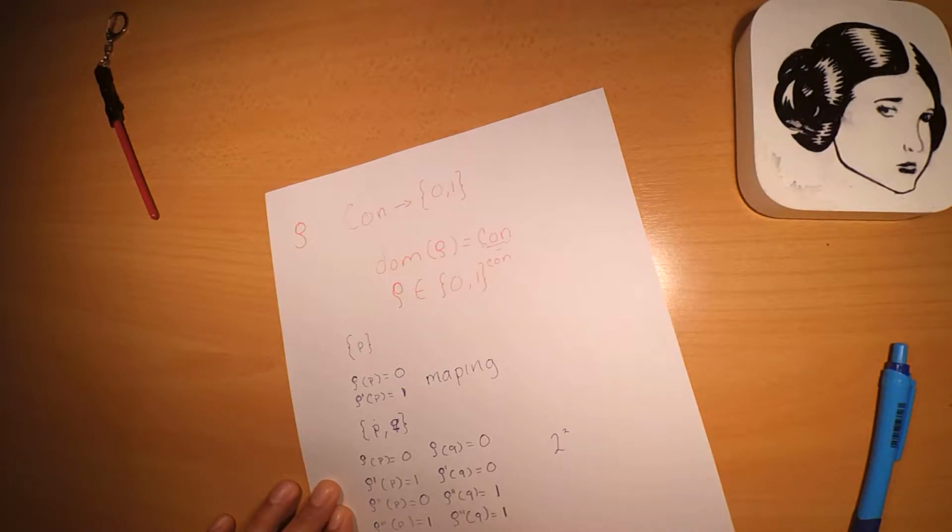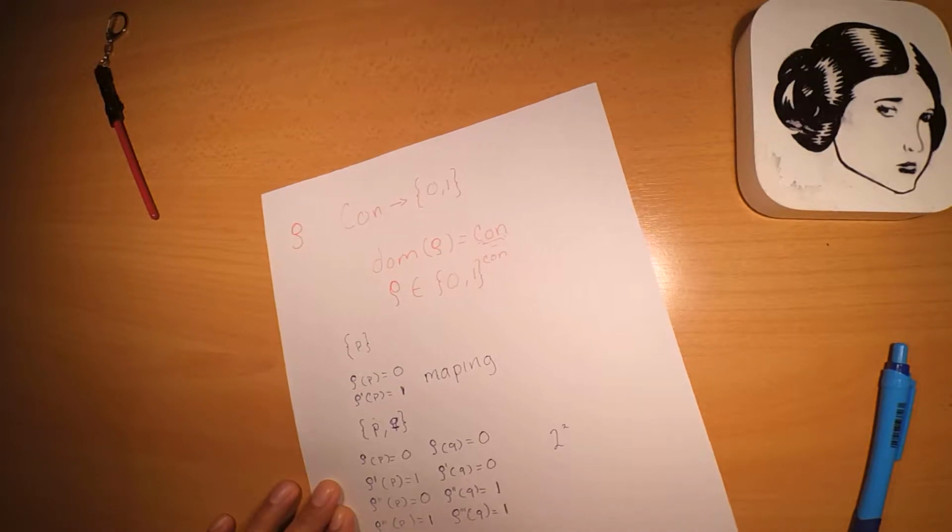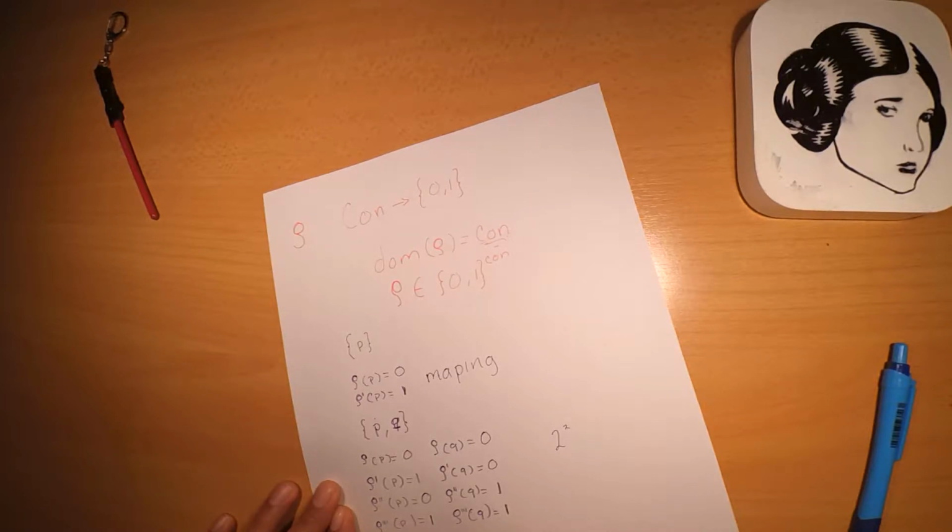As you can see here, I described this in the last video, but I want to set it up this time just to verify that you remember. This is the conjunction, and this is the disjunction.